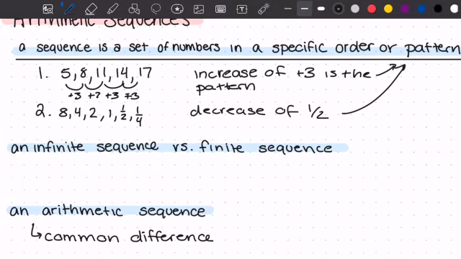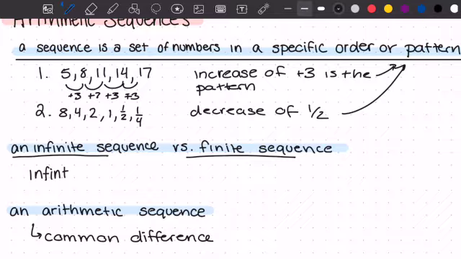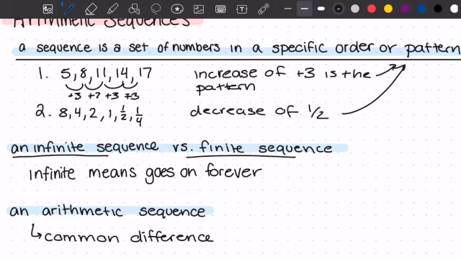We have an infinite sequence and a finite sequence. Infinite means goes on forever, and a finite means has an ending.